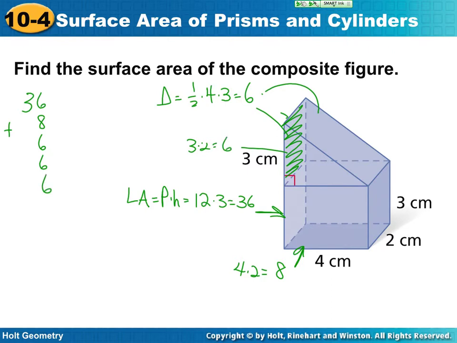And how about, let me do a different color, this rectangle? 4 by 2. What's this length? 5. Recognize the Pythagorean triple, 3, 4, 5. So this is 5 by 2, 10.